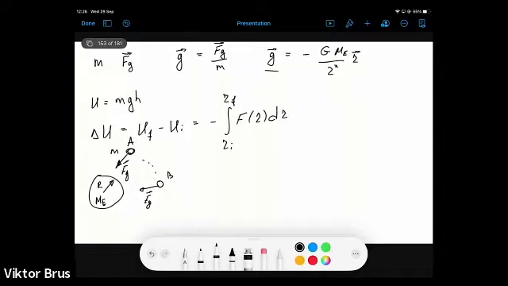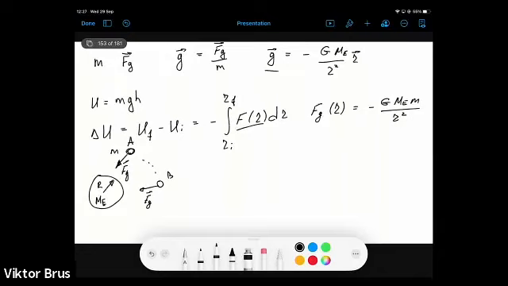So for the gravitational force, we have in the integral, as a function of r, minus G times mass of the planet times mass of the object divided by r squared. This minus stands for the fact that this force is attractive. This gravitational force attracts the object towards the center of the Earth.